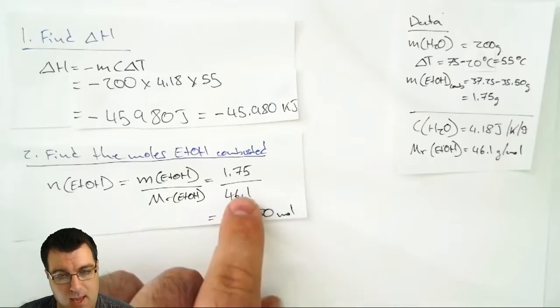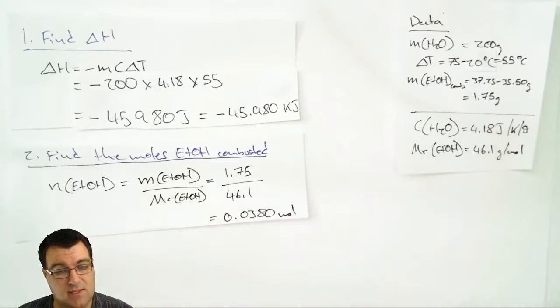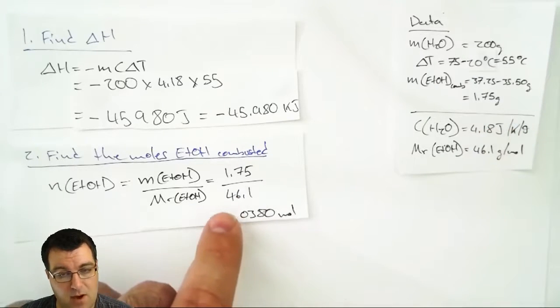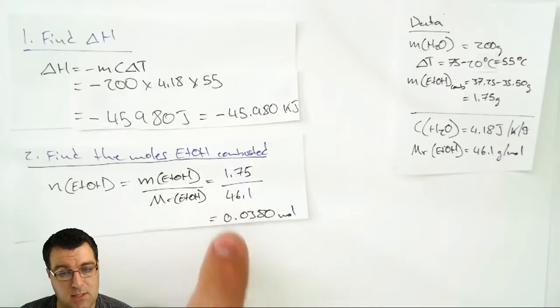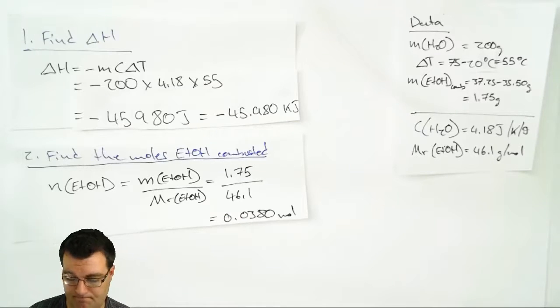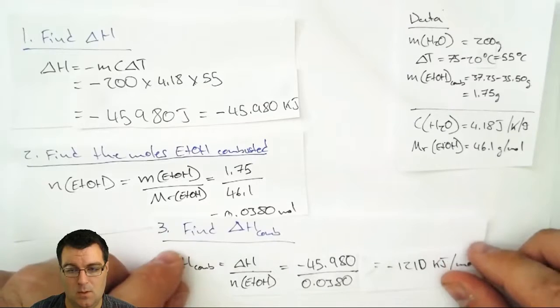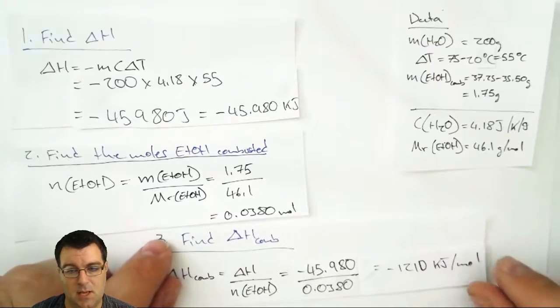That's 1.75, the mass change of our spirit burner, which is the combusted ethanol, divided by the molar mass of ethanol, which gives us a molar quantity of 0.0380 moles.